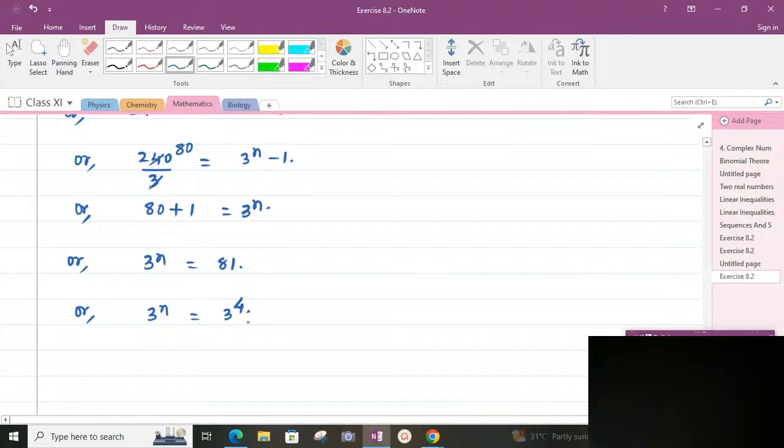Hope that there is no problem to understand up to this step. So therefore n equal to 4. And this question asks us what is the value of n. So the value of n will be 4.